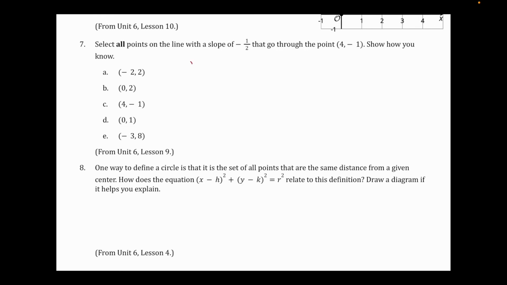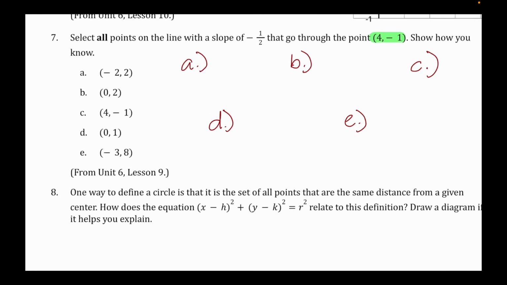So A, B, C, and then we'll do D and E. And for each one, we're going to start with the 4 comma -1. And then for each of the other points, A through E, I'm just going to write those underneath.